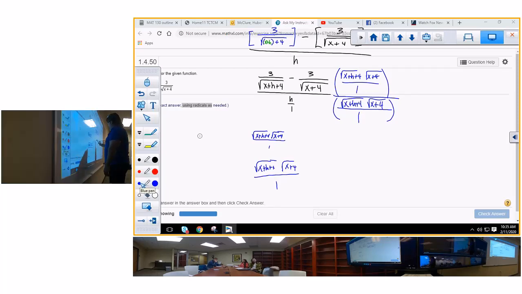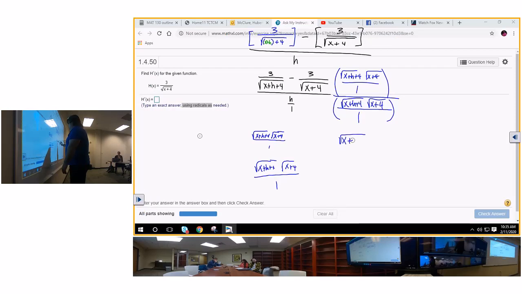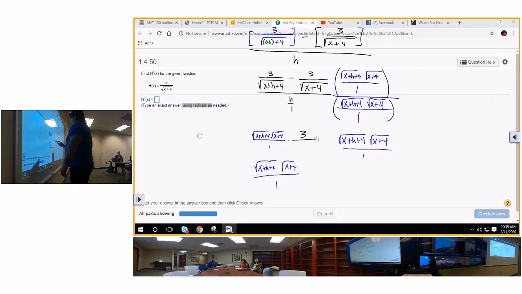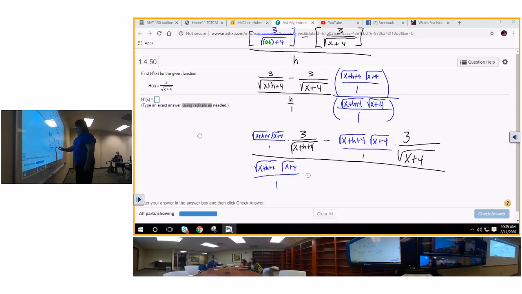So, square root of x plus h plus 4, square root of x plus 4 over 1. And now I'll put in my 3 over square root of x plus h plus 4 minus 3 over the square root of x plus 4, all that over h over 1.